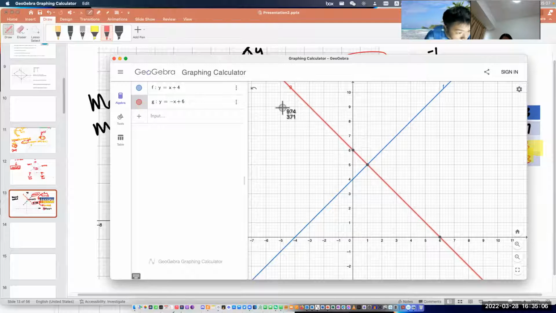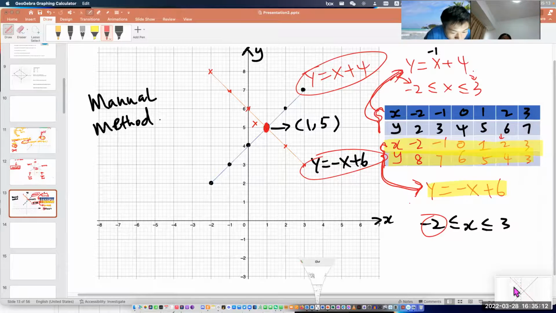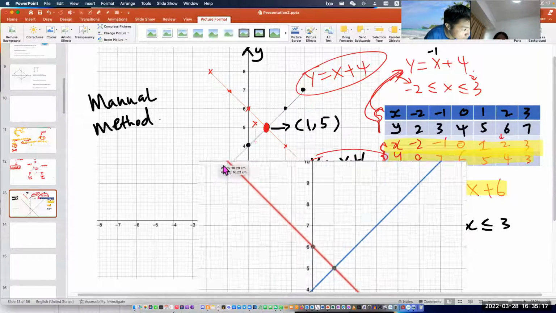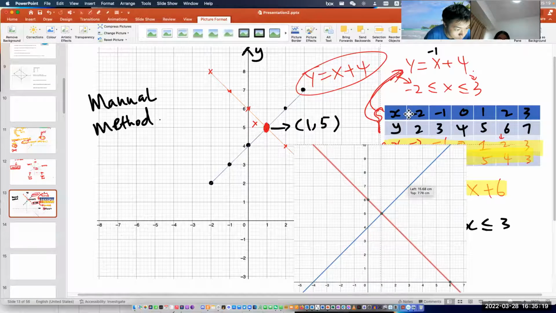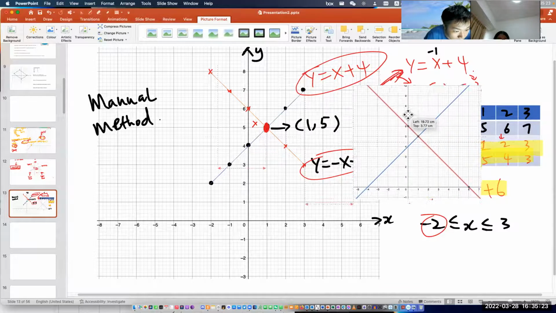So I just crop it out and compare it, and let you see for yourself. Okay, so I park it side by side.